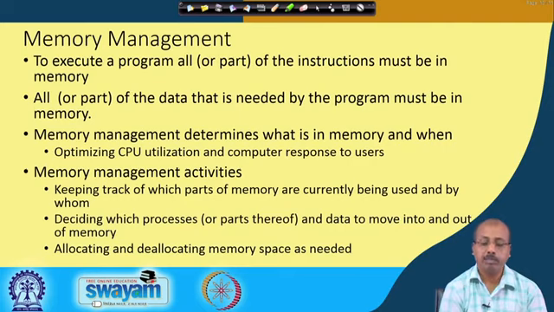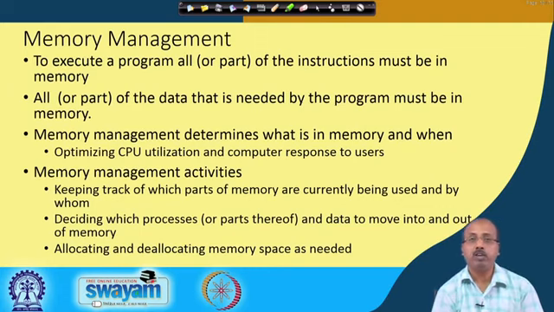So, the memory management policy has to decide, for smooth running of all the processes, which program segments and which data segments should be in the memory, and at what time those values should be available.